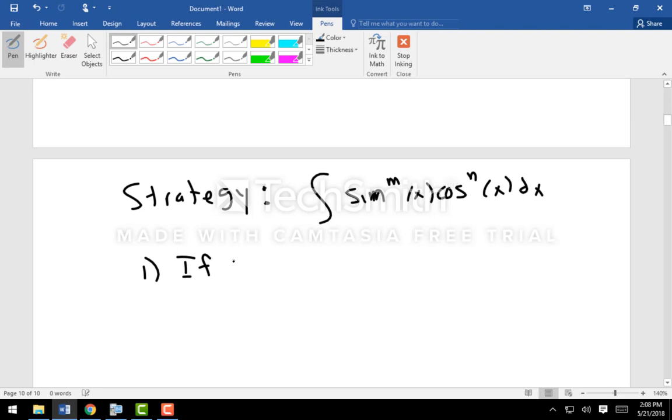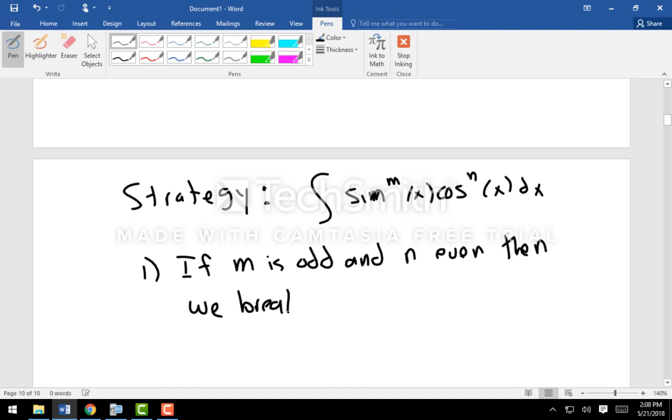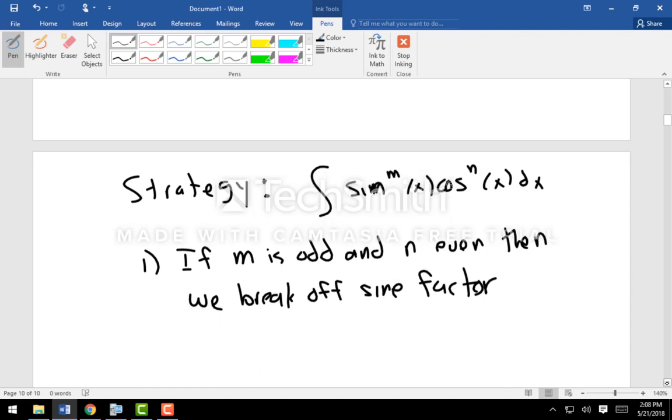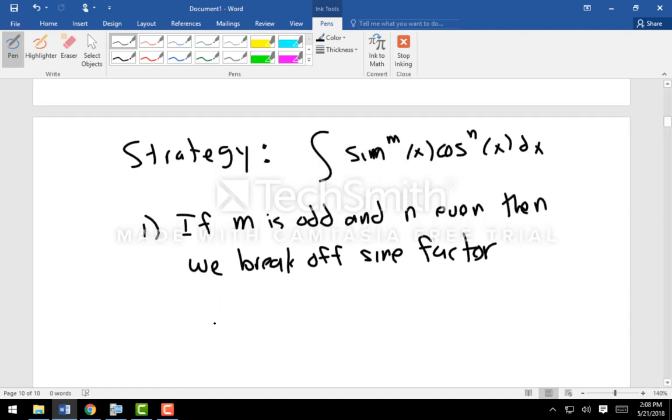If m is odd and n is even, then we break off a sine factor. So in other words, we would have the integral of sine of m minus 1, because we broke off a sine factor, and we have our sine factor there.